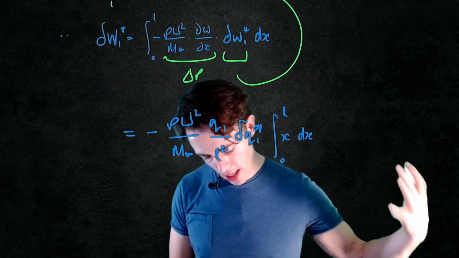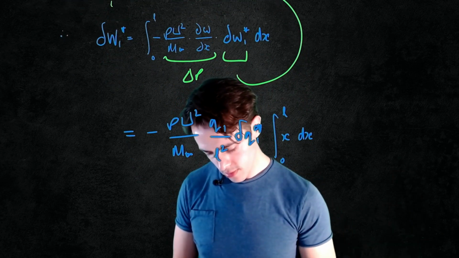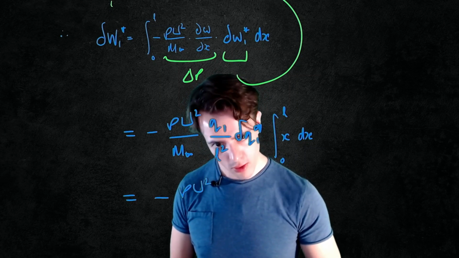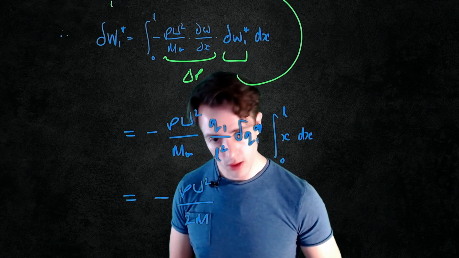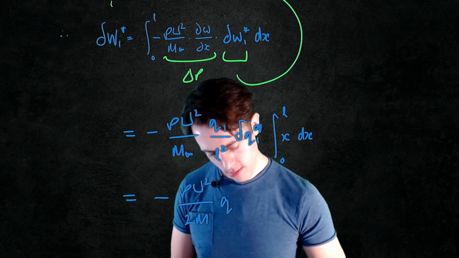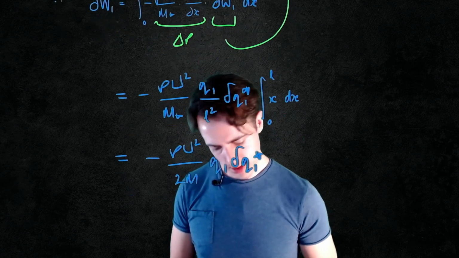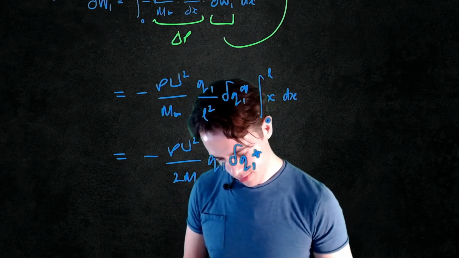Okay, so we're going to end up with an L squared on 2 here. This whole expression simplifies to minus rho u squared on 2M, q1, delta q1 squared. Sorry, delta q1 star.